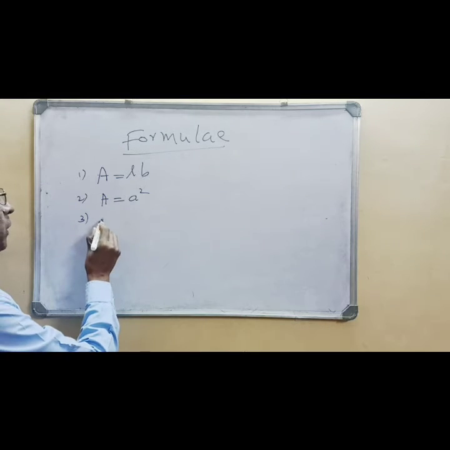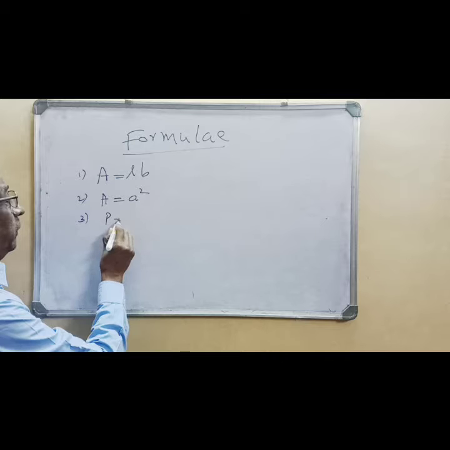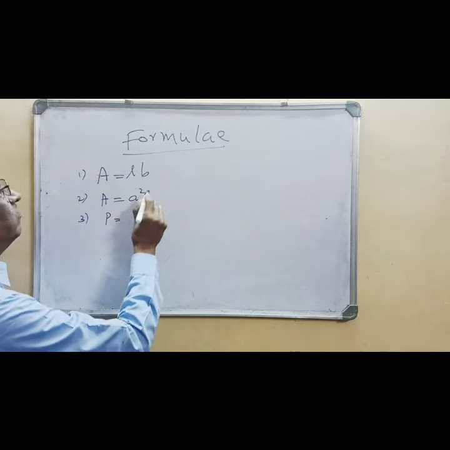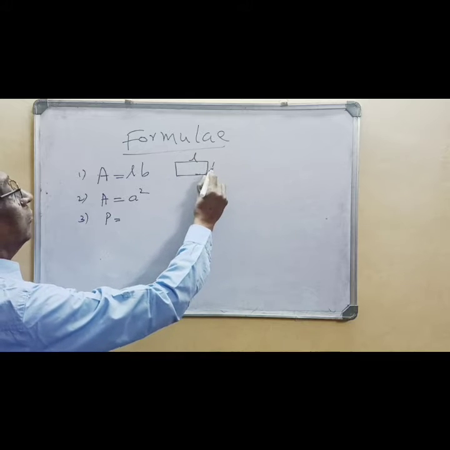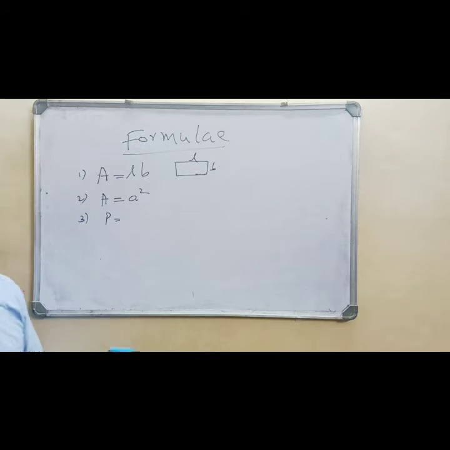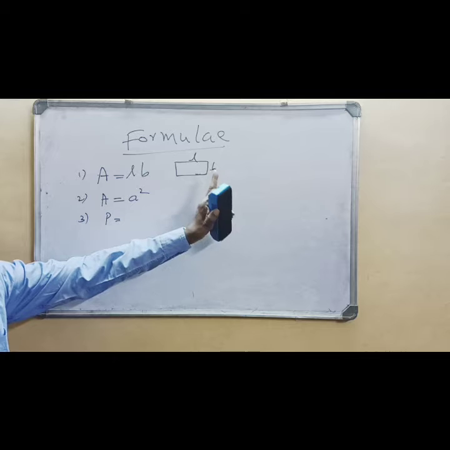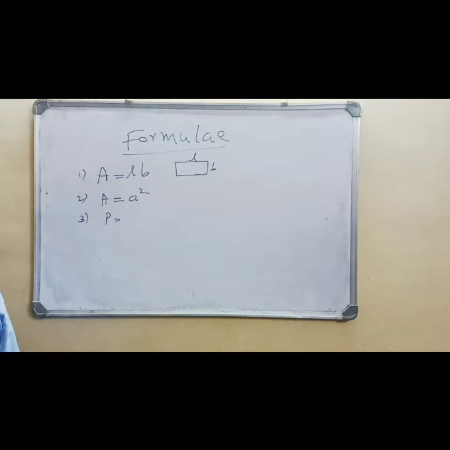Now, perimeter of the rectangle. If you take a rectangle here, L, B, we are using two terms, length and breadth. Which is length and which is breadth? Which is lengthy is length.